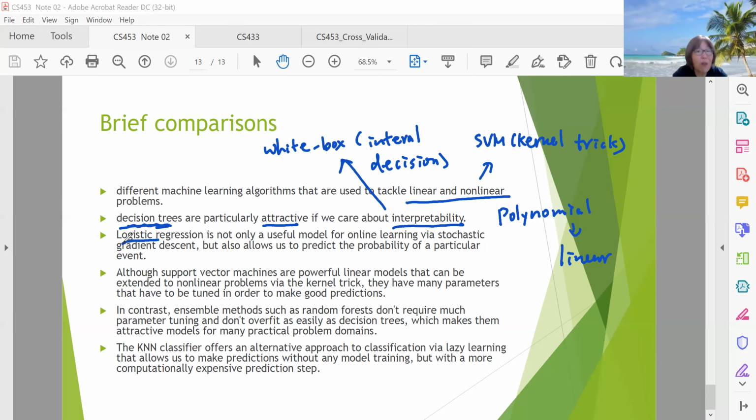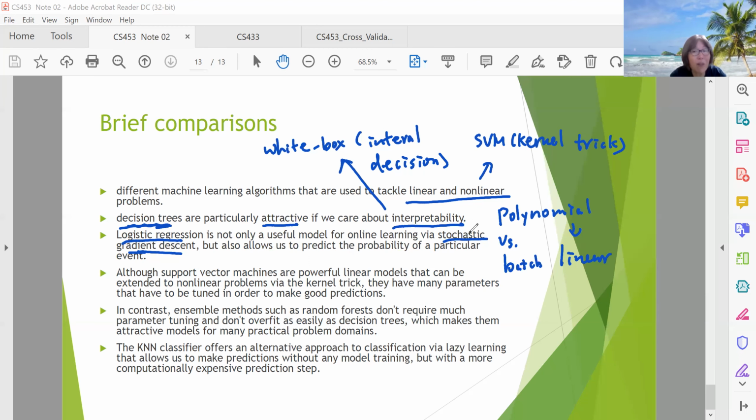And then for logistic regression, be careful, it's about classification. And if you want to do the stochastic version, that's because for batch processing you need to load all the data into memory at one time.